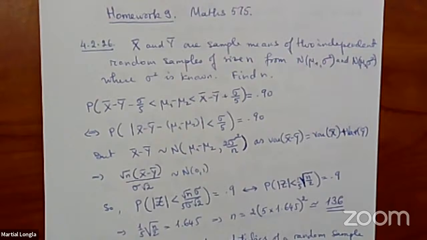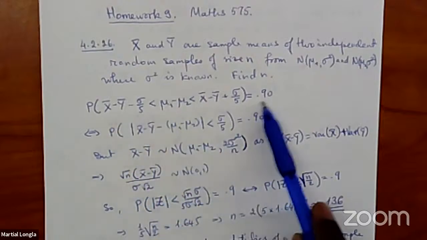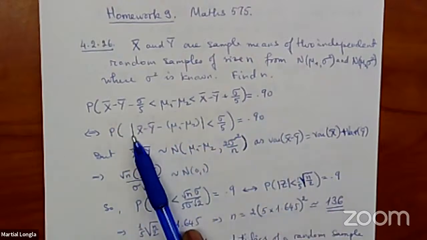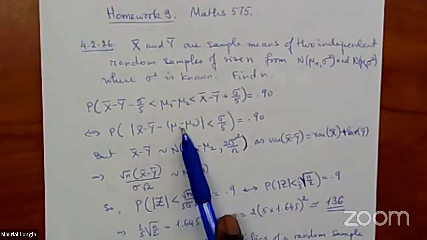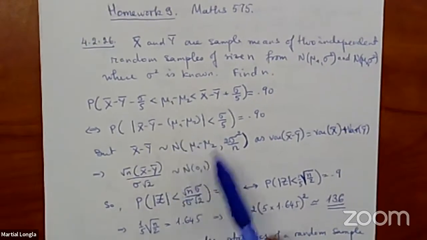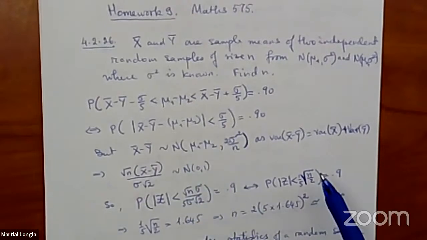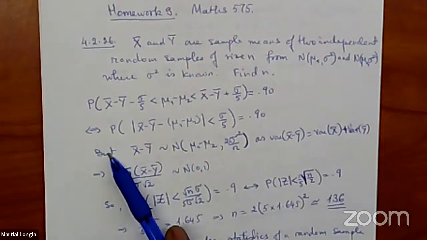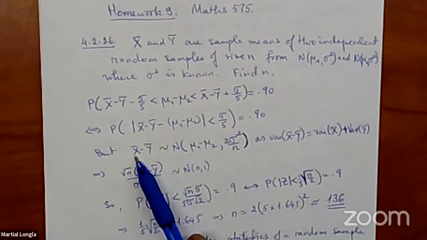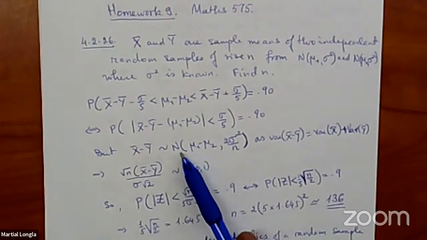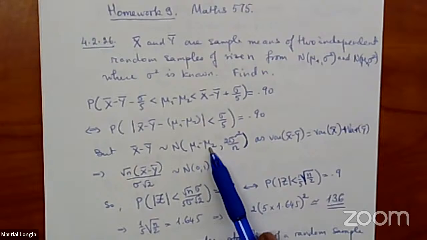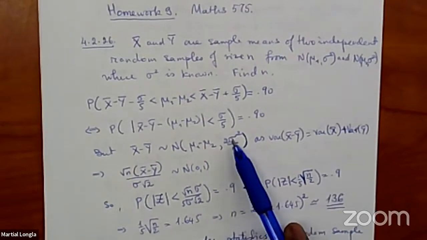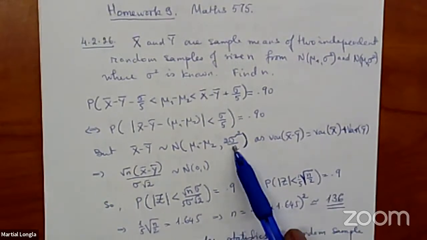And therefore, the probability that you have here is nothing but the probability that the absolute value of x bar minus y bar minus the difference of the means is less than sigma over 5. Because x bar minus y bar will now follow the normal distribution with mean mu1 minus mu2, by the properties of the normal distribution, and variance 2 sigma square over n.